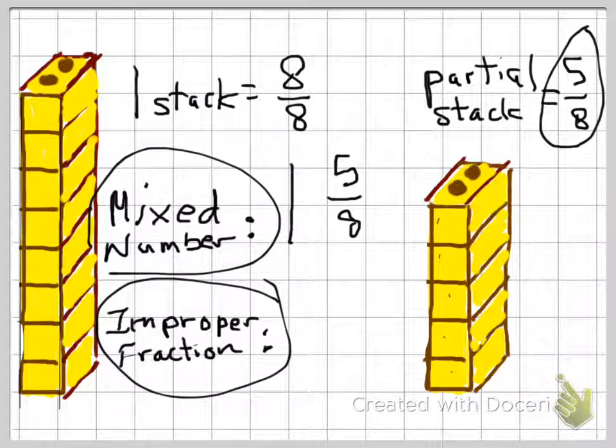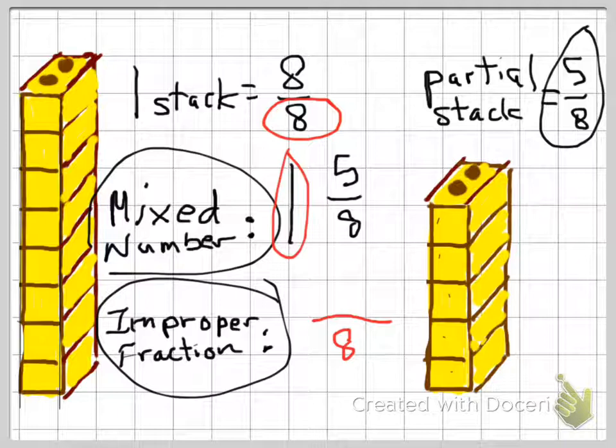They're my favorite, so I'm going to give them a superhero voice. Okay, so this is the key thing. I'm going to change the color to red to make sure. The key thing that you always have to think about is how many total pieces does one whole stack have? How many total pieces?